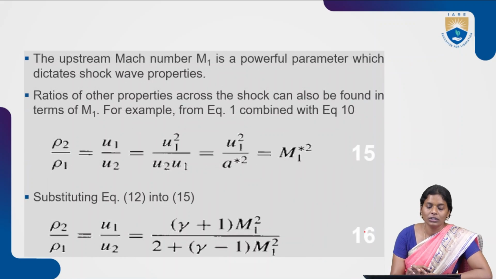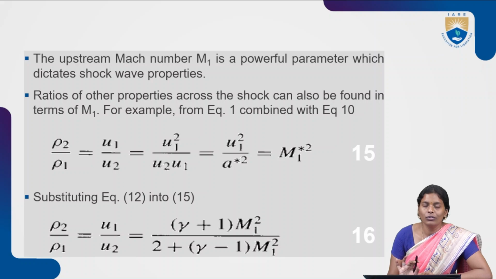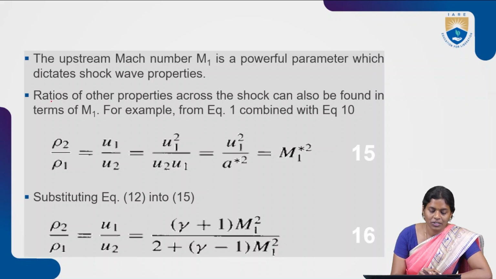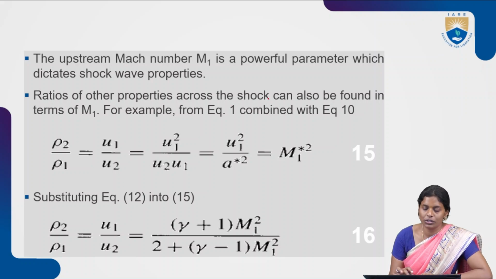So the upstream Mach number M1 is the powerful parameter which dictates the shock wave properties. M1, ahead of the shock wave, plays a major role in predicting the flow properties behind the shock. Ratios of the other properties across the shock wave can also be found in terms of M1: pressure, density, velocity and temperature.